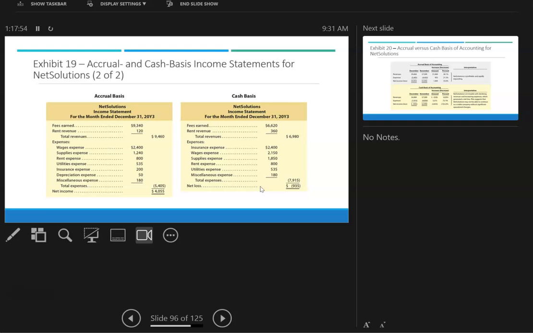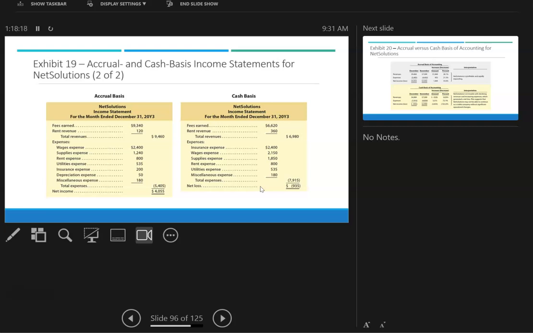Or our wages expense, we only reported wages expense when we paid them. But under the accrual basis, we could have accrued some wages because they were incurred in this period, even though they weren't paid in that period. Our rent expense is the same. Our utility expense is the same. Miscellaneous is the same. Under the accrual basis, we show something called depreciation.